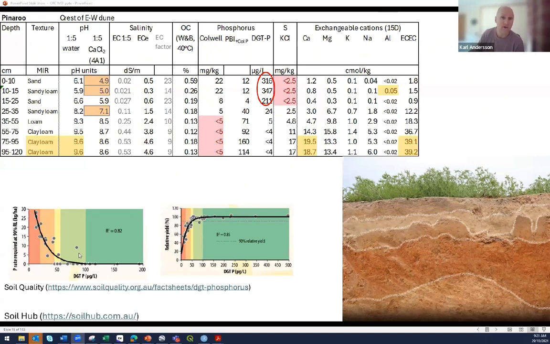But once you're getting up into those levels above 60, say, we're not needing P to be applied because we're at our high yields. It doesn't make much difference putting more P on in those circumstances. So we can back off fertilizer in that instance. The thing interesting here also with the sulfur, none at the surface, but increasing with depth. So that might indicate a bit of leaching potentially, or some natural gypsum deposits a bit deeper down.